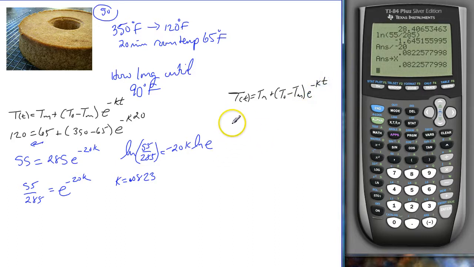I'm going to plug in numbers. 90 equals, and a lot of this is going to be the same, 65 plus, might as well put it into 285 now, e to the negative 0.0823. But once again, we will use x when we do it. I'm going to move this over. So we get 25, 285.